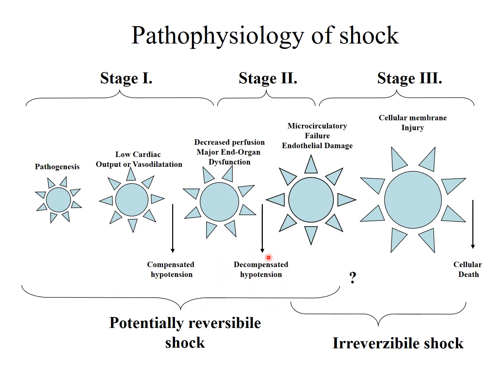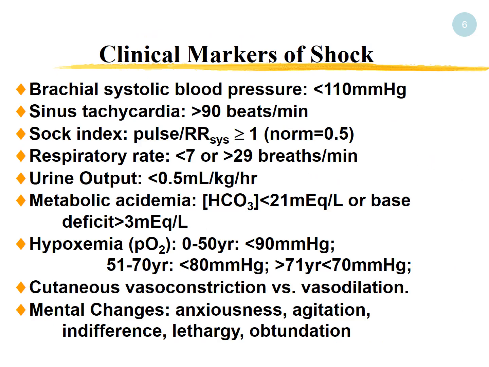But the patient starts to develop the decompensated stage. When microcirculatory failure and endothelial damage occur, that can be the initiation of the irreversible phase. And after cellular membrane injury and cell death happen, that is the completely irreversible shock situation.